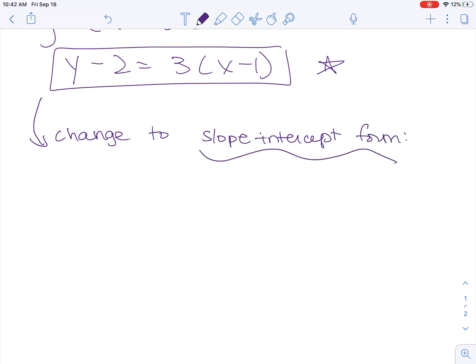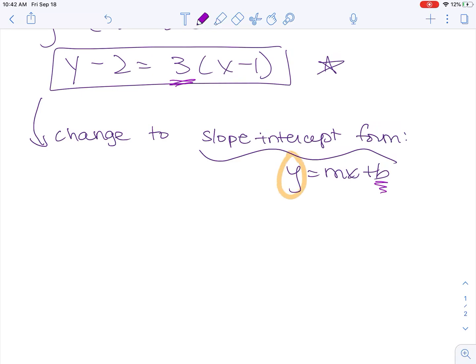Remember that slope-intercept form is y equals mx plus b. I do know the slope for this one, but I don't know the y-intercept. So here's what I need to think about. What is distinct about this form? Well, the form has a y by itself.